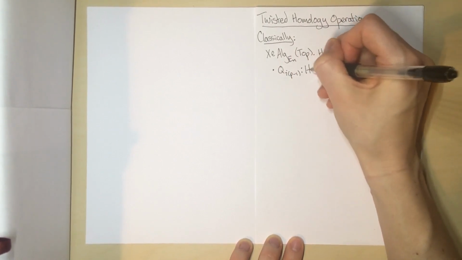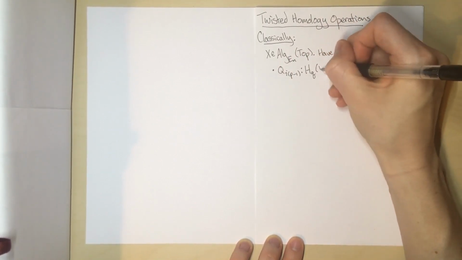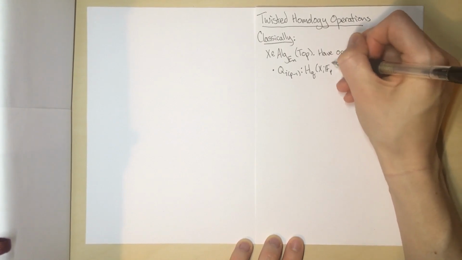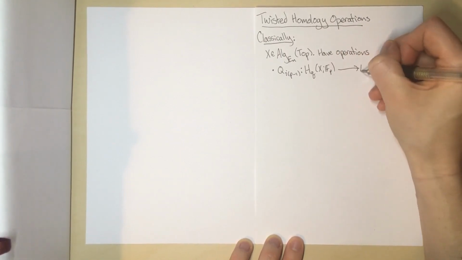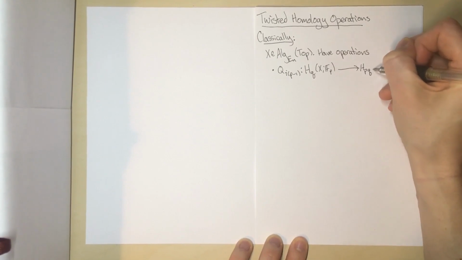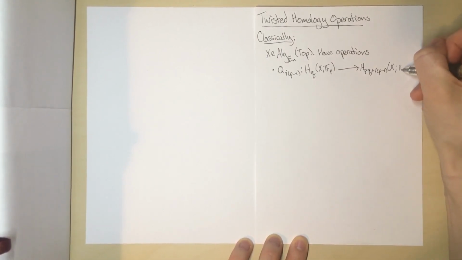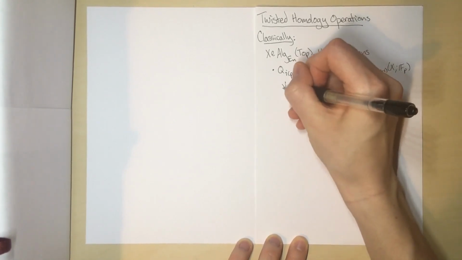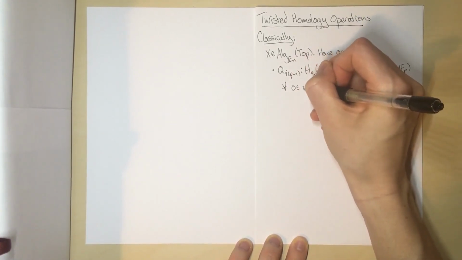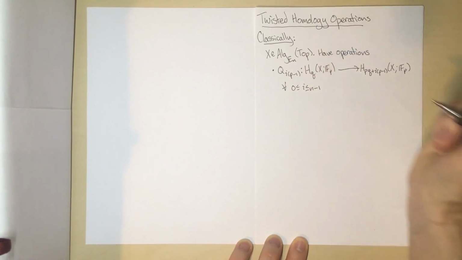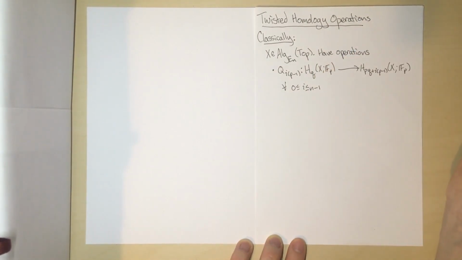This goes from the qth homology of X with Fp coefficients to the pq plus i p minus 1 homology. And we have these operations for all i between 0 and n minus 1. So if n is infinity, then we have these for all i.